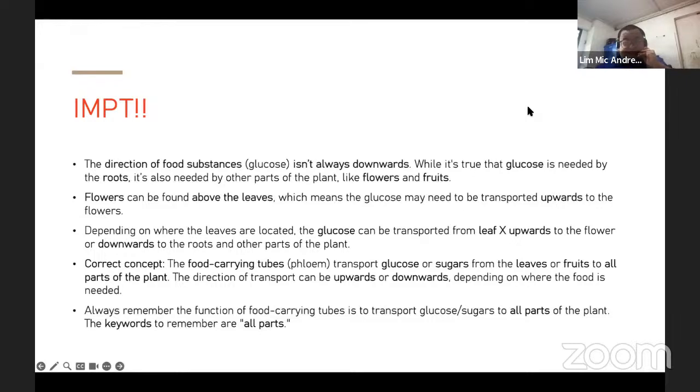When we are running, we need more energy in the legs, so the blood will carry whatever is needed to the legs for them to function. Always remember that the function of the food carrying tube is to transport glucose, sugar, or food to all parts of the plant. The keyword here is all parts, not only to the leaf or to the fruits or to the roots. It's all parts. All right.